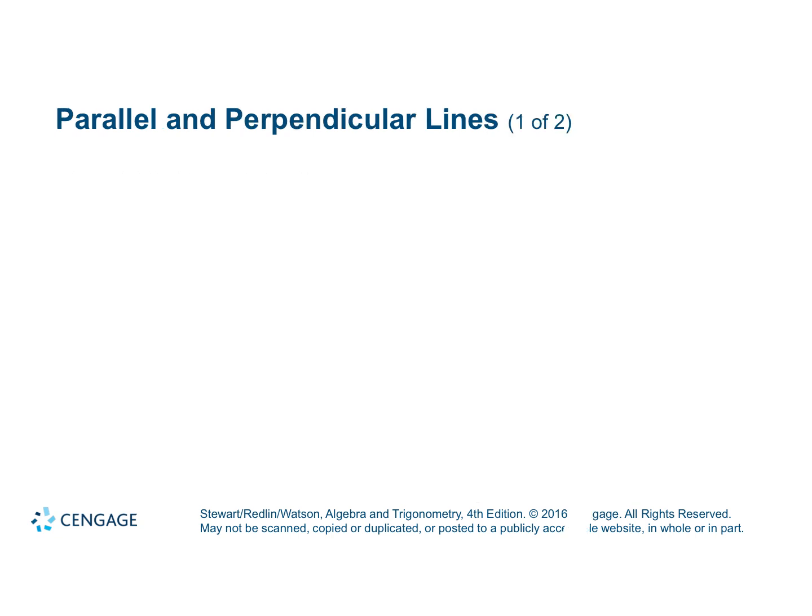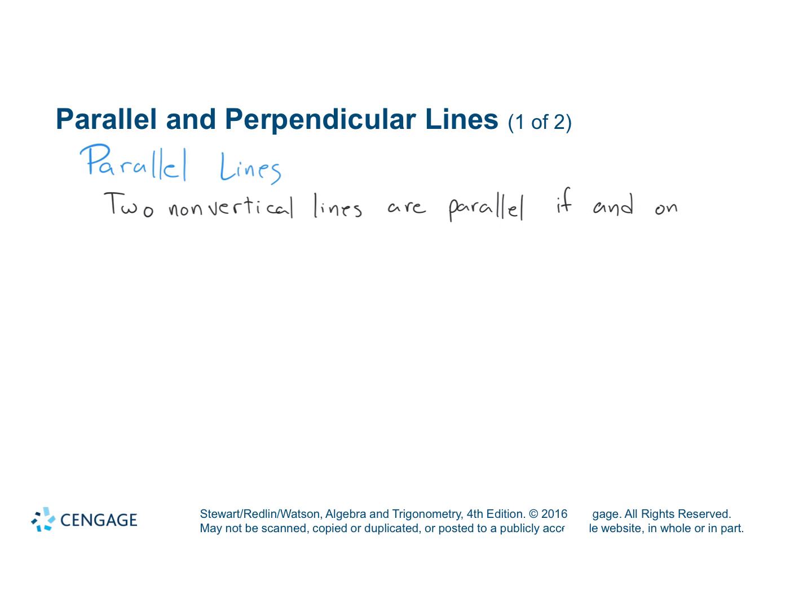So we have parallel and perpendicular lines. I'll fill in what's supposed to be here. We have parallel lines. I'll write the definition, and then I'll go over it. Two non-vertical lines are parallel if and only if they have the same slope.